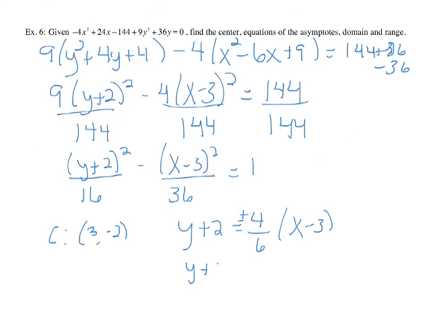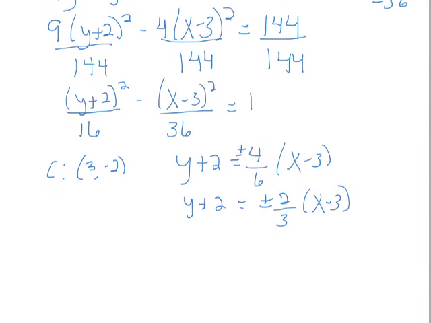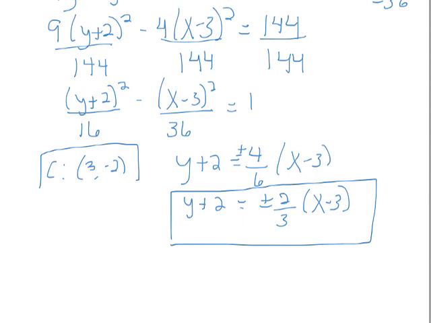So the equations of the asymptotes would be y equals plus or minus 2/3 times (x minus 3). And I'm just going to move up a little here. You can write those as one with the plus or minus. I asked for the center.